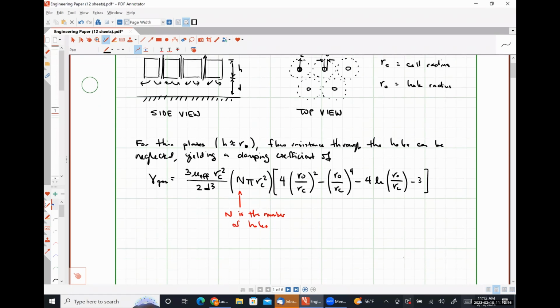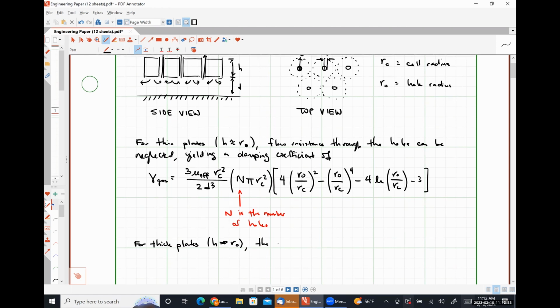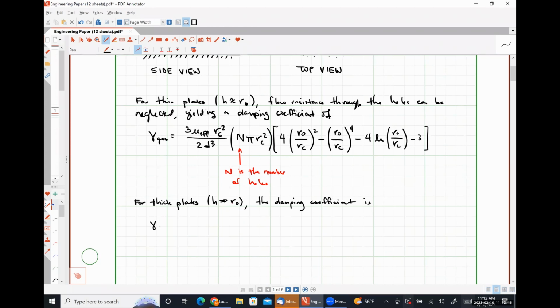Yeah. So for thick plates, where H is much greater than R naught, the damping coefficient is gamma gas equal to 8 pi n mu effective times RC to the 4th power times H divided by R naught to the 4th.